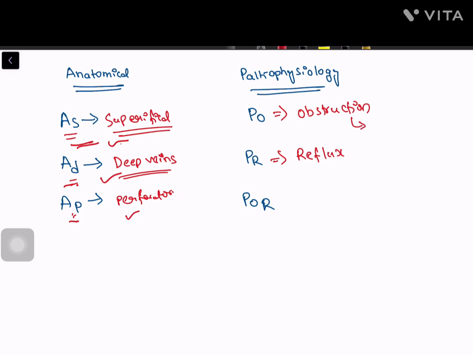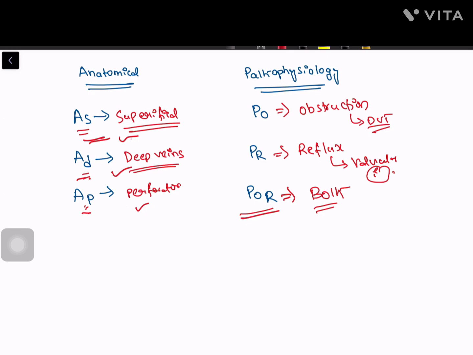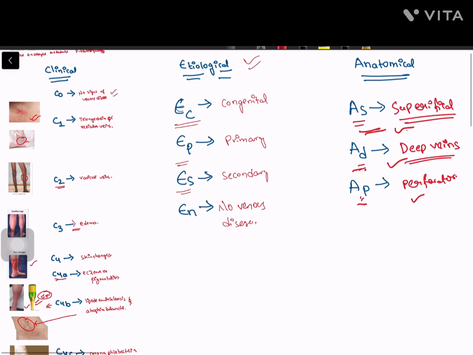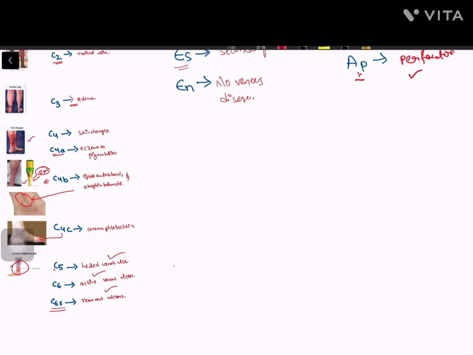Yes, you are correct, it's DVT. Reflux is due to perforator valve issues, valvular incompetence causing the reflux, and it can be both. A person can have DVT with valvular dysfunction also. Okay, this is the whole summary of the CEAP classification.